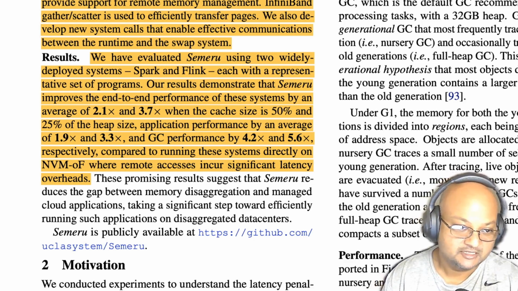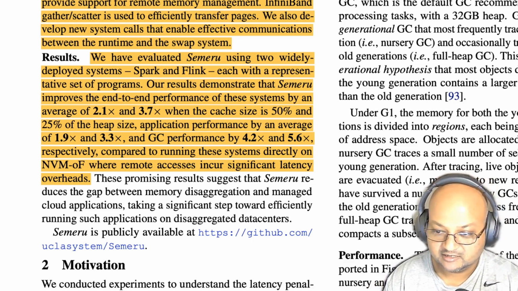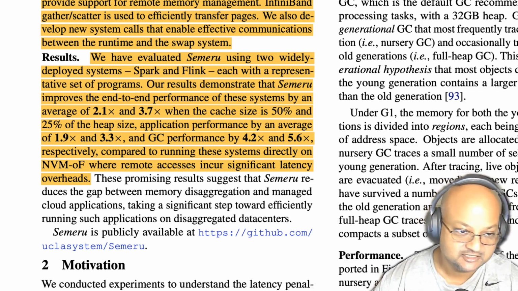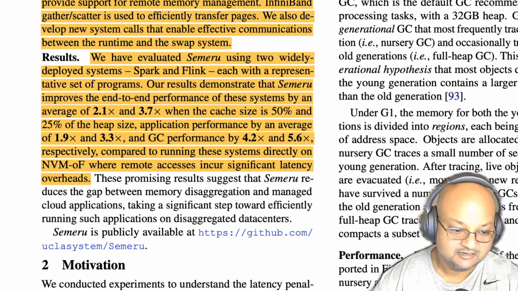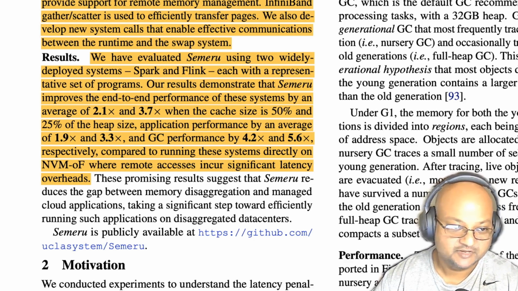So they compare that kind of brute force baseline to the system they've designed here, where the language runtime works in concert with the kernel and the garbage collector and optimizes memory accesses in a way that harnesses some of the locality of reference. And they have done this evaluation for different sizes of cache, which is the amount of local RAM.